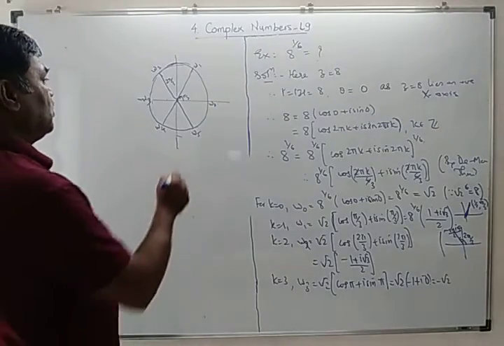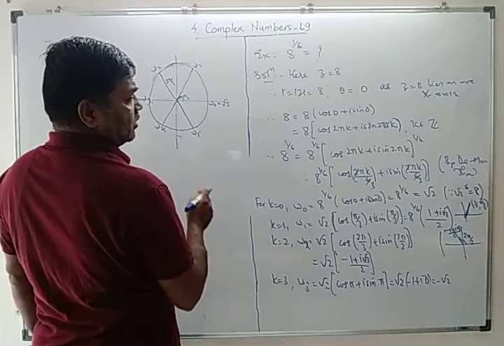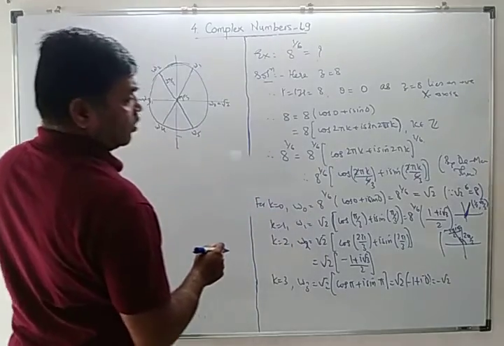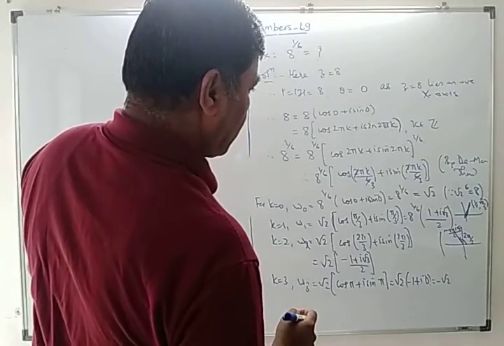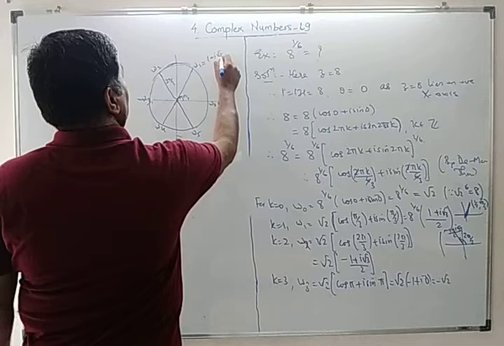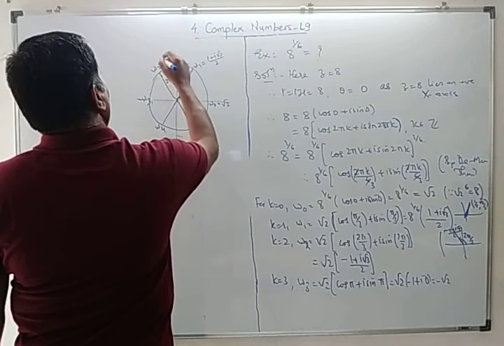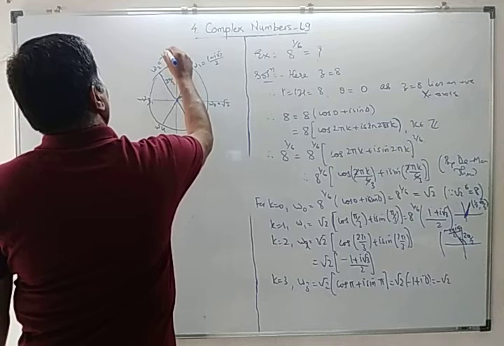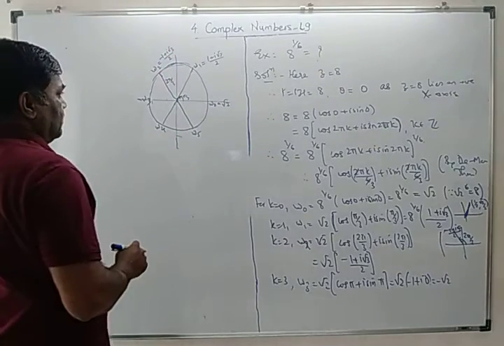So this will become root 2 into 1 plus i root 3 by 2, and this is minus 1 plus i root 3 by 2. Now what is this angle?